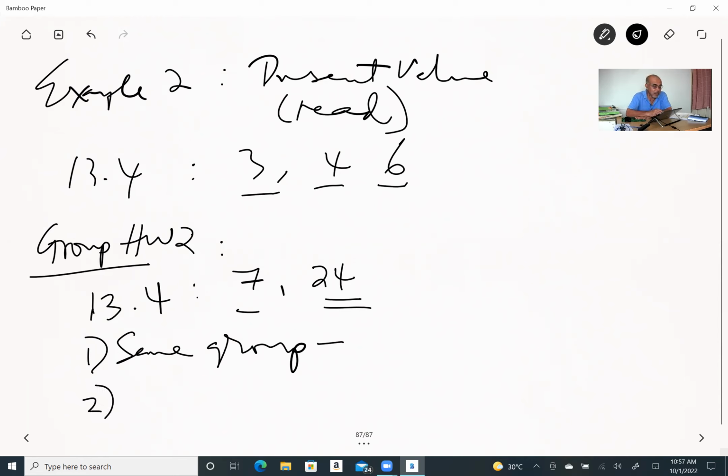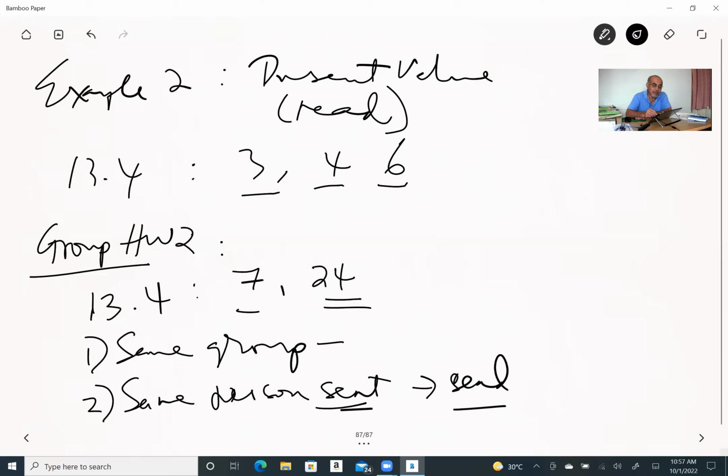For number 2, the same person sends, so that I have the same order. The person who sent the first homework, you have to send the second one.